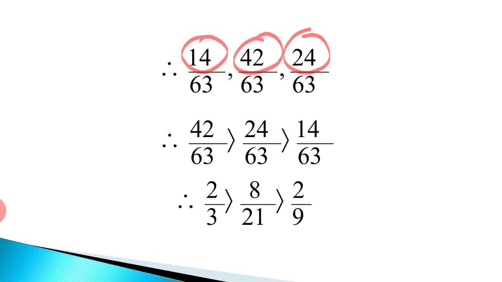So it is 2 by 3, 8 by 21 and 2 by 9. Is it clear? So this is the way to compare fractions when there are more than two. Okay. So you need to make the denominators same. So let us go for the next question.